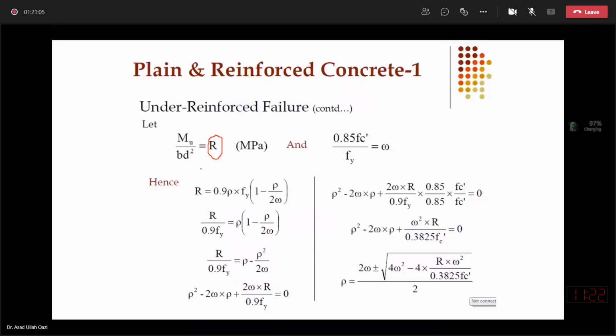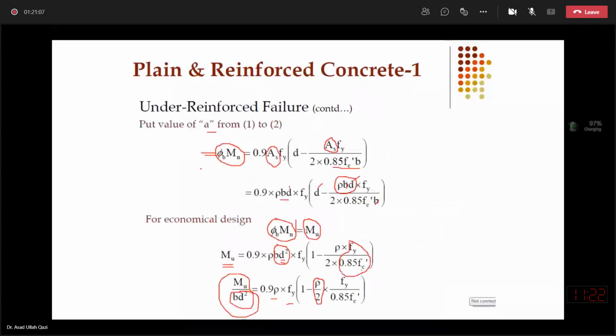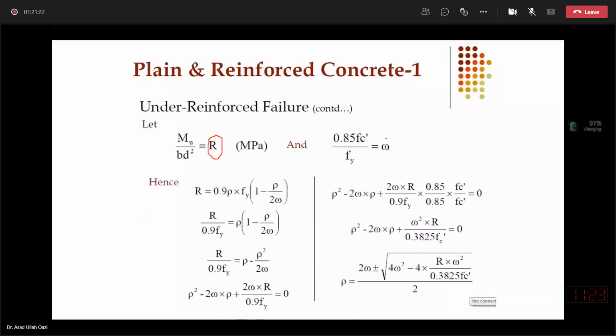Similarly, I am replacing this Fy over 0.85 Fc prime with omega.